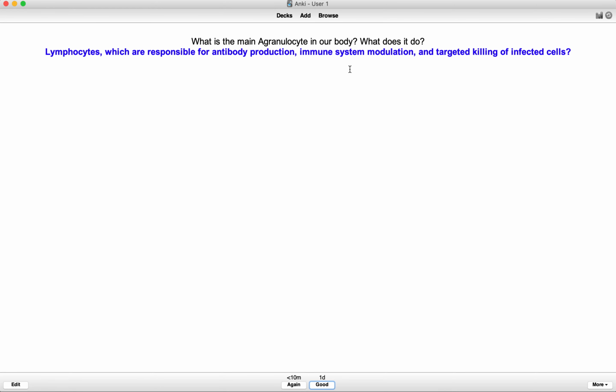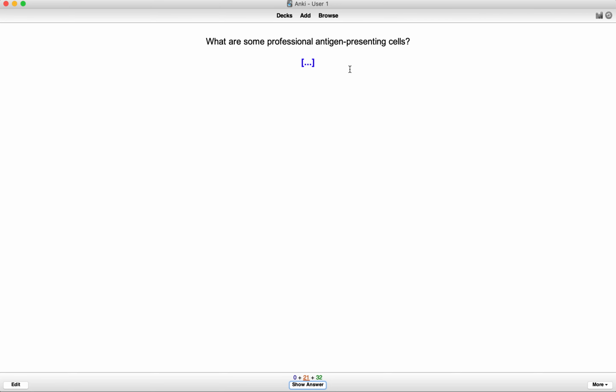Man, this is so hard. Antibody production, immune system modulation, and killing infected cells. How can I remember this? LAIT. Late. Antibody production, immune system targeting and killing cells.